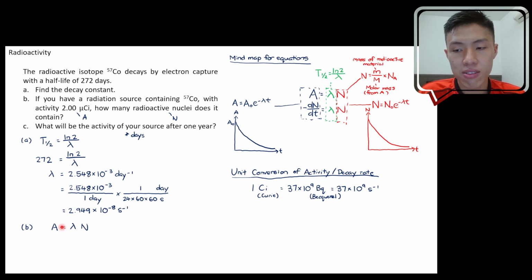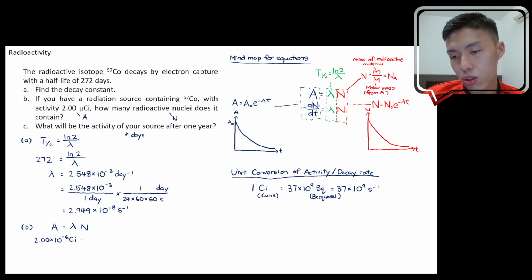So if you want the activity to be in per second, you have to put it into the unit of becquerel. But right now you're given activity in the unit of microcurie. So you have to change it from microcurie to becquerel, so that you are able to put in your lambda properly to get your N. You have 2 microcurie, 2 times 10 to the power negative 6 curie.